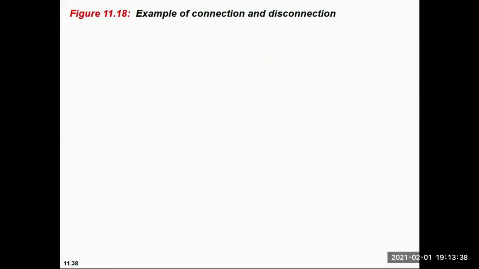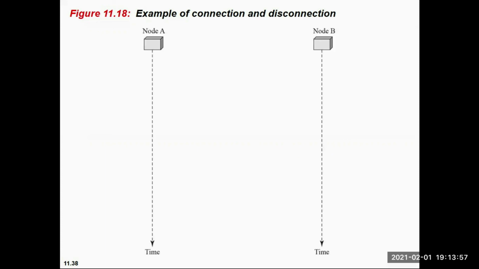Now we will see one example of connection and disconnection. In this figure, we will see that U-frame can be used for connection establishment and connection release. So we are taking 2 nodes into consideration and we are dealing with everything with respect to time.